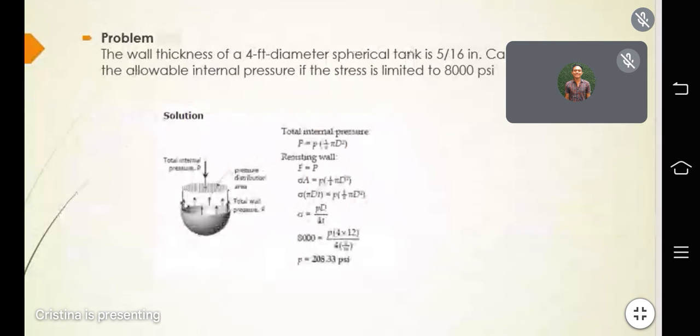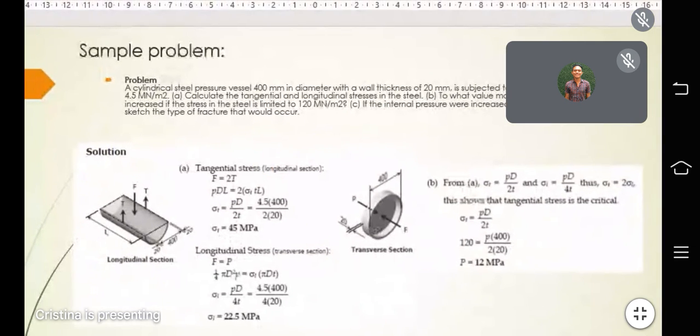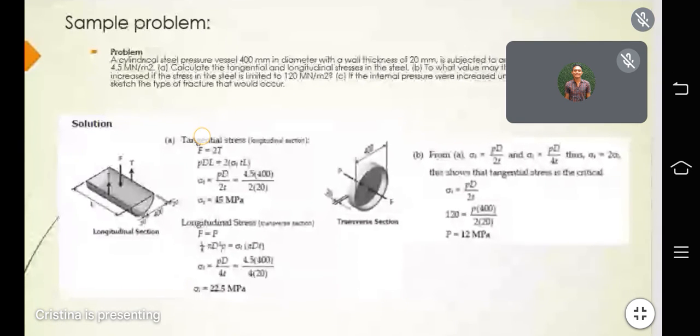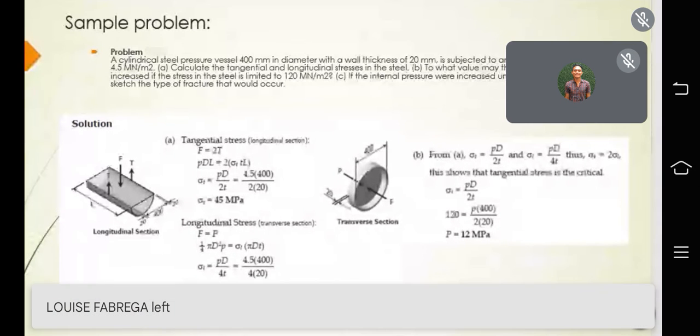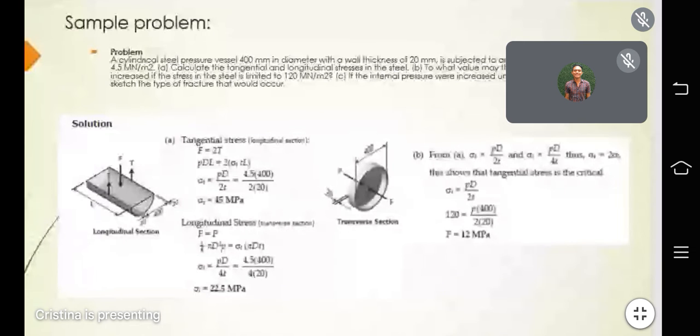Okay, so first, if I were to solve this, I am going to list down the given. We have a 400 mm diameter, thickness of 20 mm, and an internal pressure of 4.5 meganewtons per m squared. So let's use our formula.